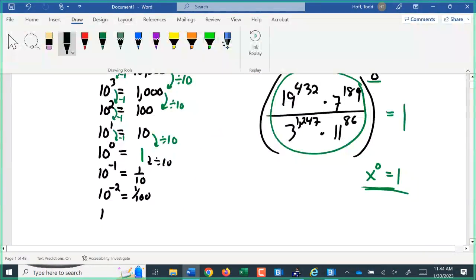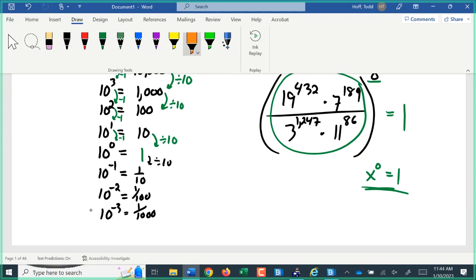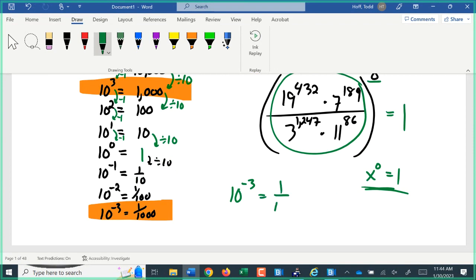And we can continue going. 10 to the negative 3, 1/100th divided by 10 is 1/1000th. And so we see the pattern develop here. 10 to the negative 3 is related to 10 to the third. They're just reciprocals. 10 to the power of negative 3 is 1 over 10 to the power of positive 3.